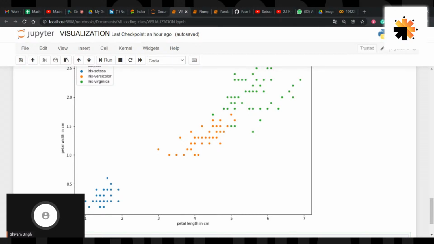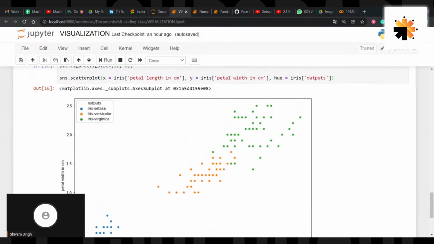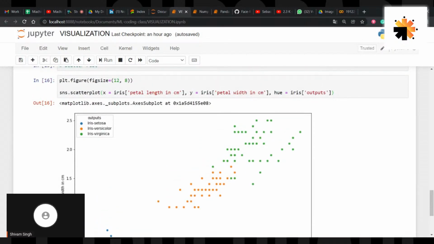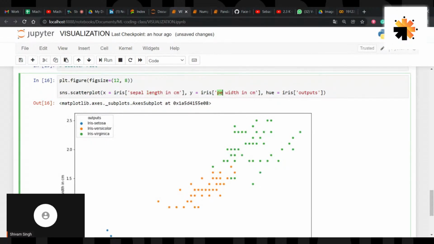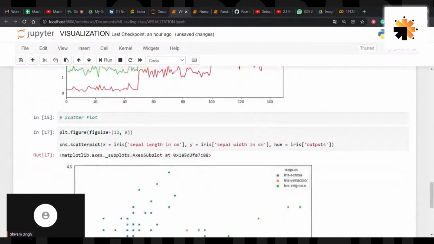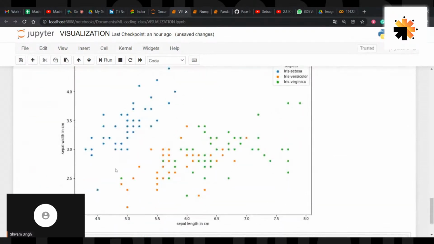And now you are able to see that this kind of thing is not possible with the sepal length and sepal width. Suppose I try to take sepal length and sepal width over here. I'm not able to make that boundary. Hypothetically you might say I can try to make a boundary over here, but no, this is not possible.